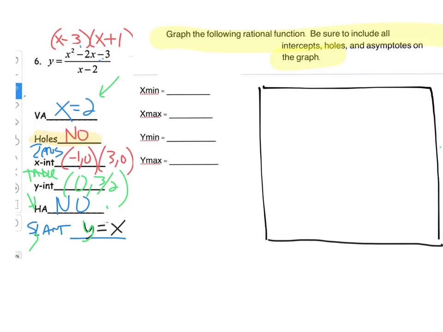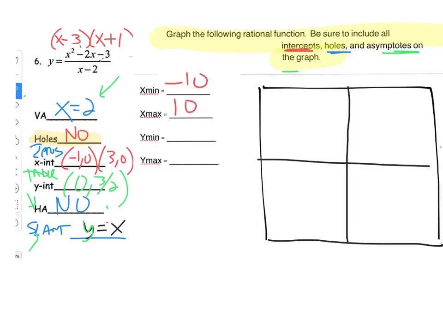When you have to graph rational functions, you have to include in your sketch all the intercepts, so the x and y intercepts, the holes of the graph, if there are any, and any asymptotes. And the good thing is that for a majority of these rational functions, the standard viewing window is going to be good enough. So here I'm going to use the standard view to make my graph.